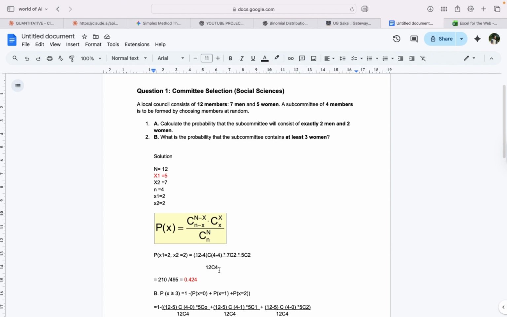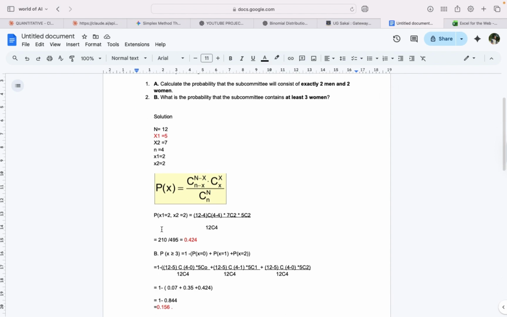Out of the total, there's the N over the n, so 12 combination 4. The 12 is the total sample, and the 4 is the randomly selected subcommittee members. Okay, so when you put this on the calculator, you get this.